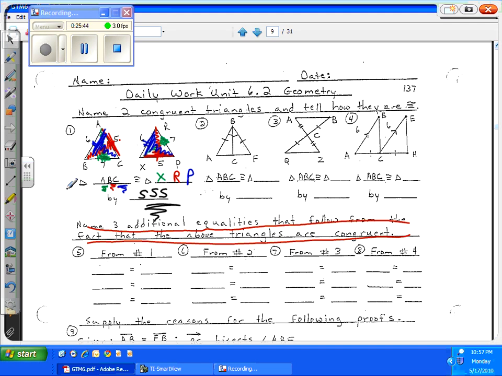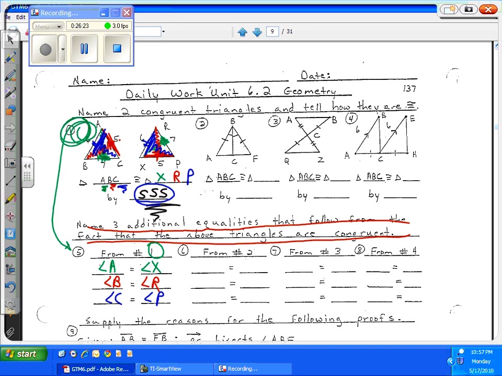So now we can say, following from number 1, that angle A, green, is equal to angle X, green. Angle B, red, is equal to angle R, red. And angle C, blue, is equal to angle P, blue.